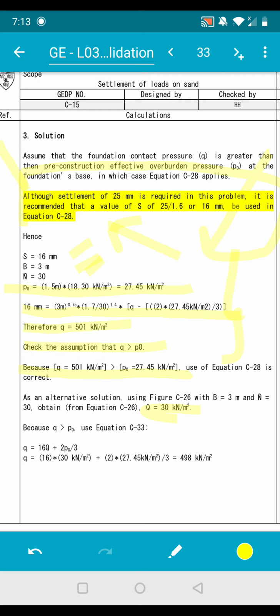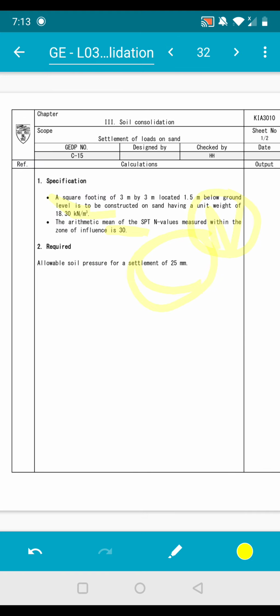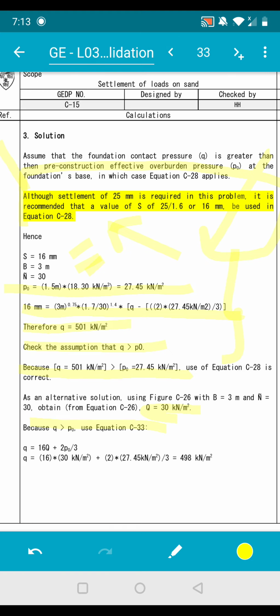And because Q is more than P0, use equation C33. So in the end, whatever is required, which is the allowable soil pressure for a settlement of 25 mm, can be calculated. So two approaches here: one is a simple formulation, and the second is another equation.